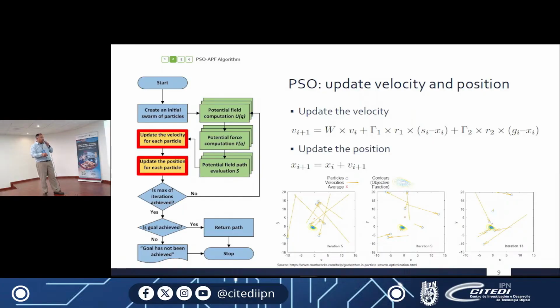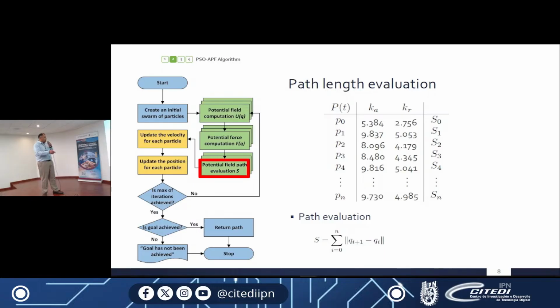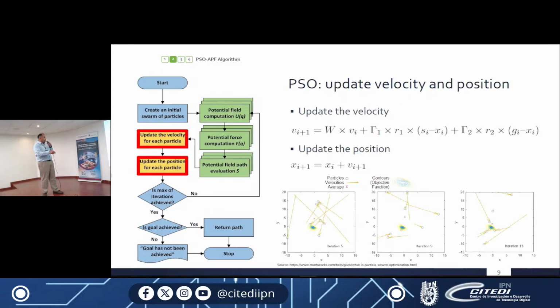This term represents the local information, the current information in this iteration. And the second term represents the global information, the information from all the iterations until the current one. With this information of the velocity, we update the position of the mobile robot.